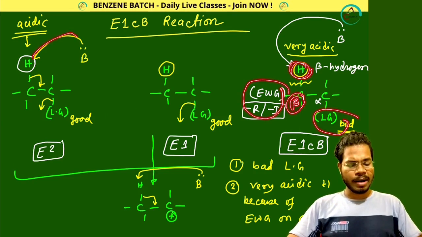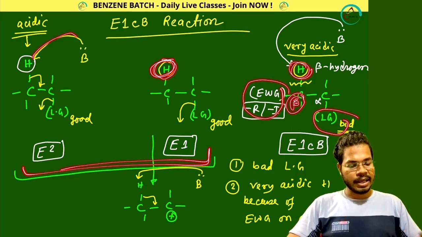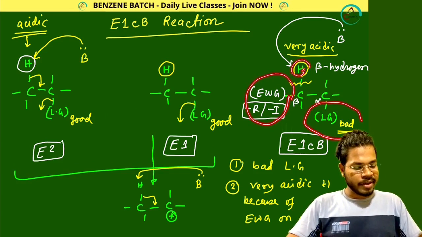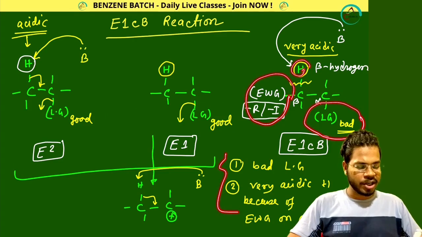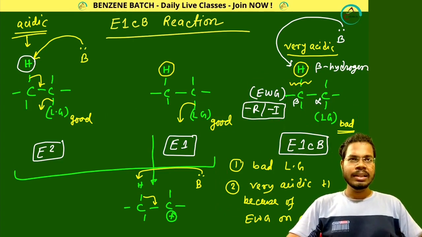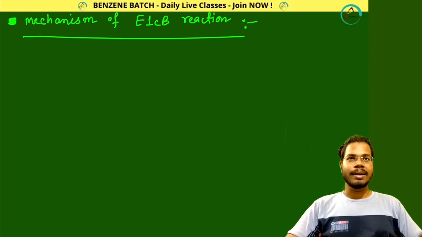If the beta hydrogen is only normally acidic, then it's fine, you get the usual product. But if it is very acidic and the leaving group is very bad, that means if these two conditions are satisfied, then the system will undergo the E1cB mechanism. Perfect.